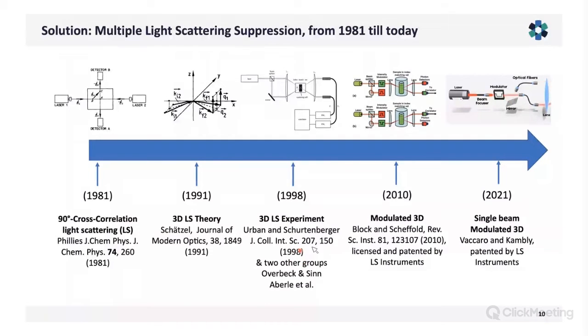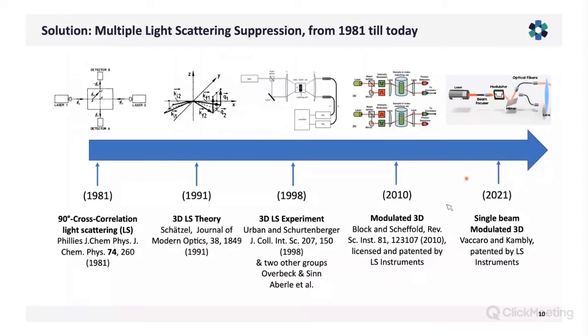And then in my laboratory in 2010, we invented the modulated 3D that I will also present today, that was developed in collaboration with LS Instruments, which licensed the technology and the patent.